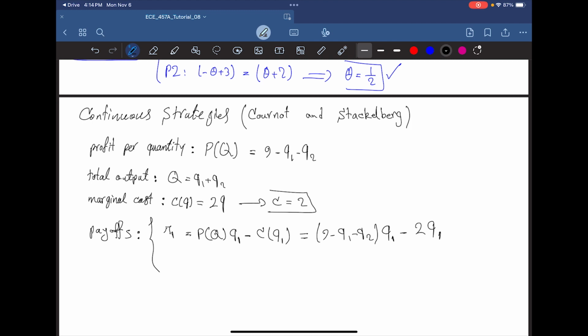Okay, and for the second company, that would be P(Q) Q2 minus C(Q2), which is (9 minus Q1 minus Q2) Q2 minus 2 Q2. Okay, so these are the payoffs.